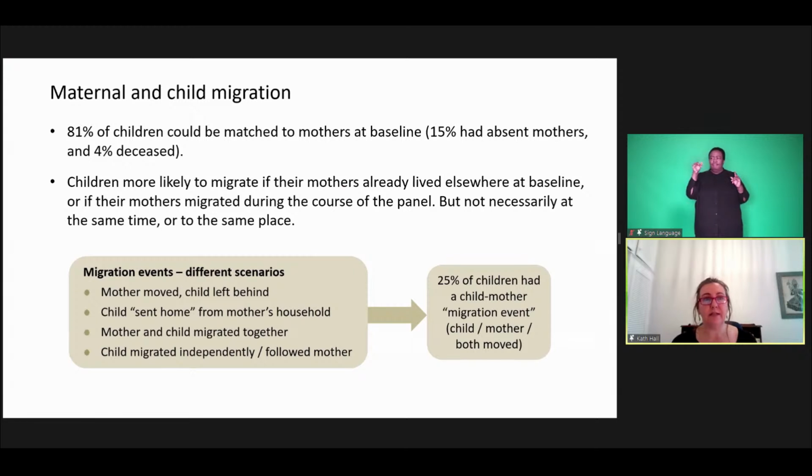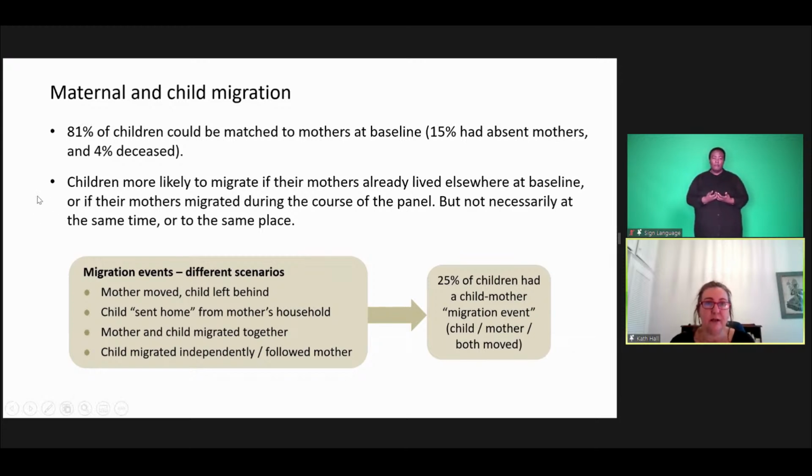So for this, the next step was to map mothers onto children and look at how the dynamics of migration were connected. Of course, it wasn't possible to match all children to their mothers, but it was possible in 81% of cases.